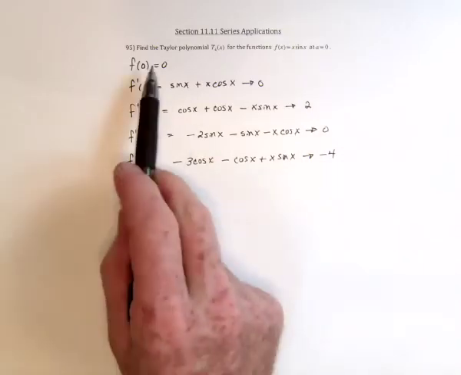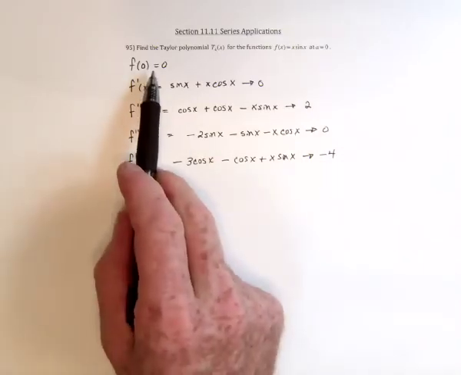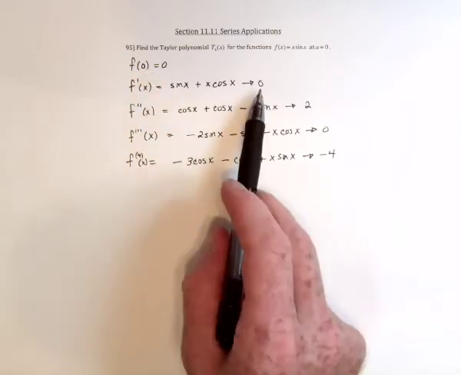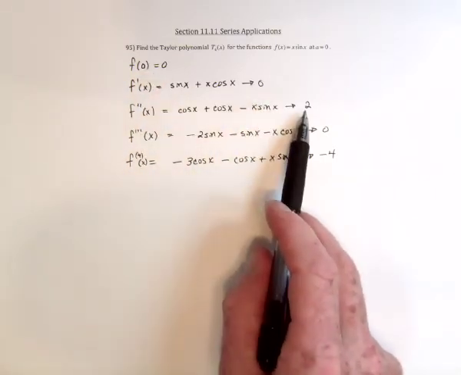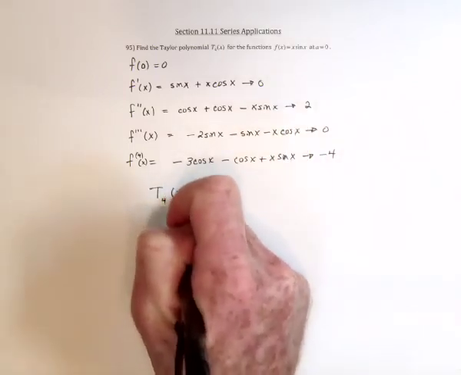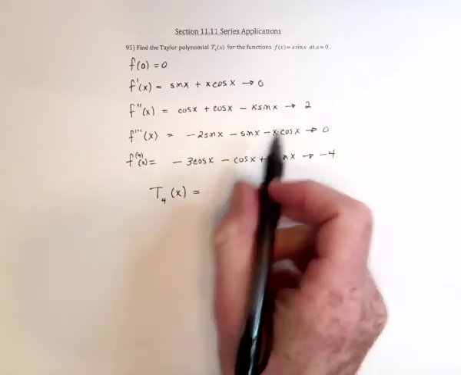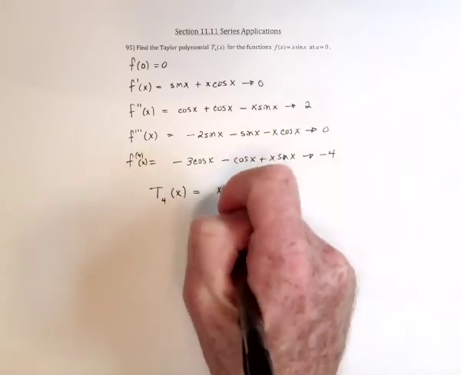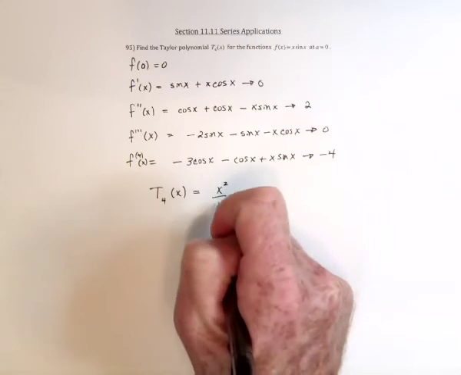Okay, so this would be the first term, and then this times x, and then this times x squared over 2. So we've got the Taylor polynomial up to the 4th degree is going to be this times x squared over 2 factorial.